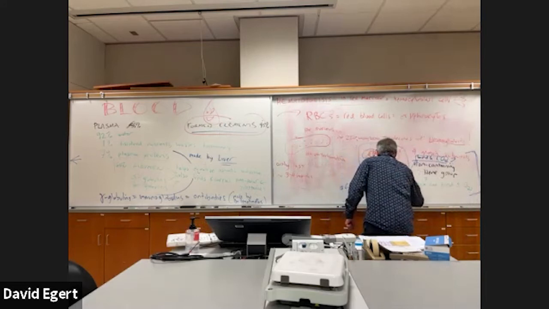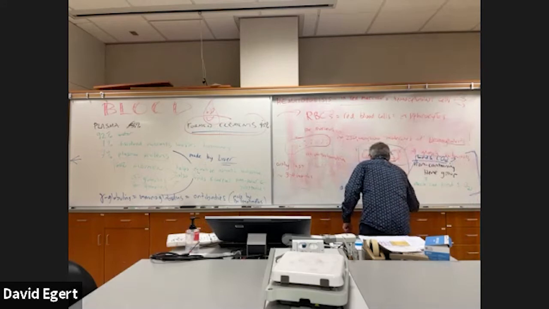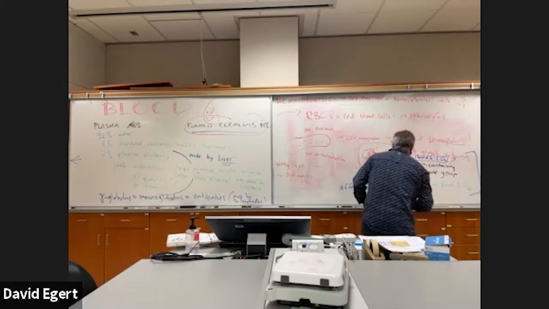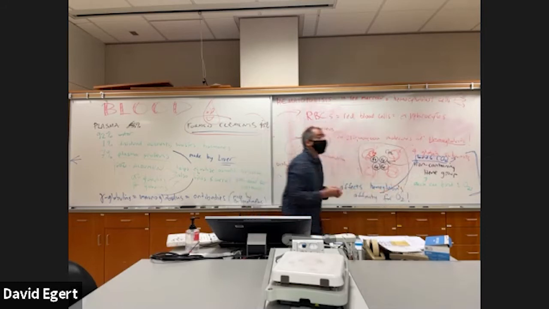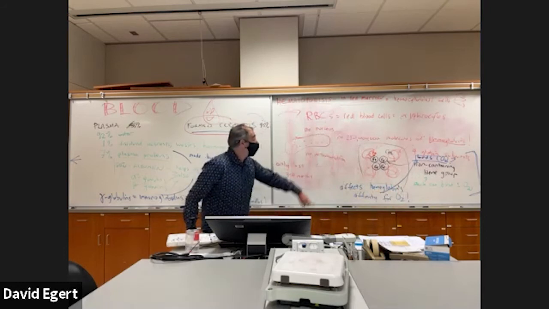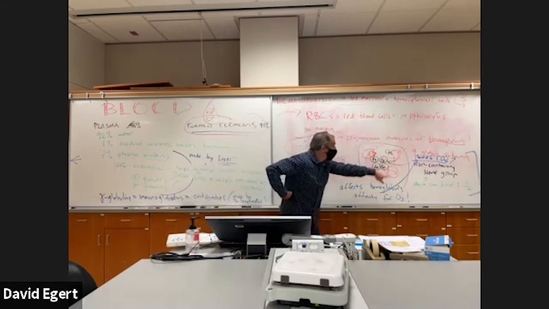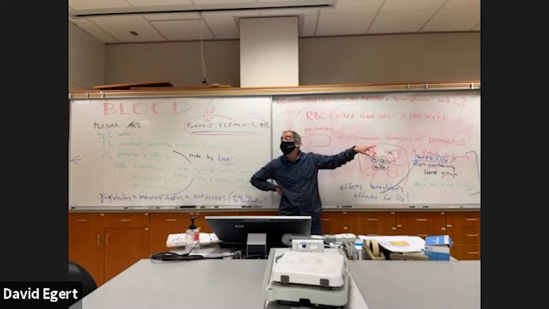We're going to talk about this in more detail when we get to the respiratory system next week. But the basic idea is the more carbon dioxide that is around, probably the more oxygen the tissue needs.